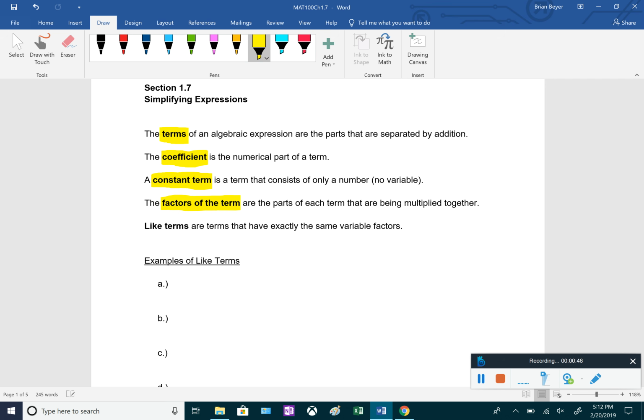The factors of a term are going to be the parts of the term that are being multiplied together. So we should remember that factors are things that are being multiplied. And then lastly, like terms are going to be terms that have the same exact variable factors. So like terms are terms that have the same variables raised to the same exponents.